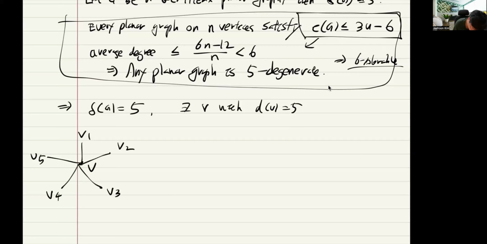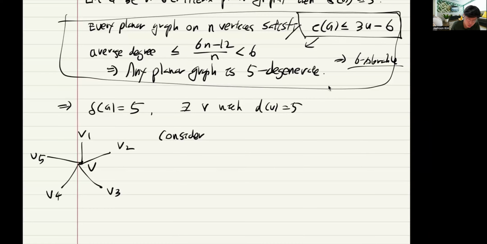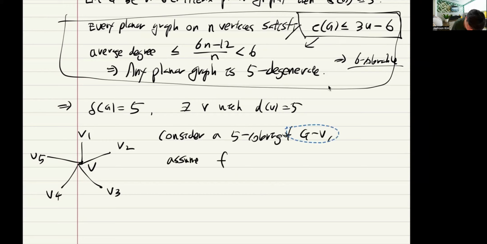Now consider, because this is a 6-critical graph, deleting v, the remaining graph you can color with 5 colors. Consider a 5-coloring of G minus v, and let's say this coloring is f, with f of vi equal to i. We can assume that. Why?